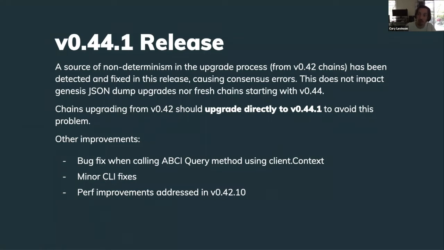So if you are wanting to migrate from a 0.42 chain to a 0.44 chain, it's important that you're at least using this version to avoid that non-determinism bug. And a number of the other improvements that made it into the 0.42.10 release were also in here, in addition to some CLI fixes.